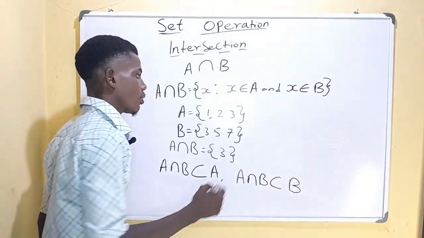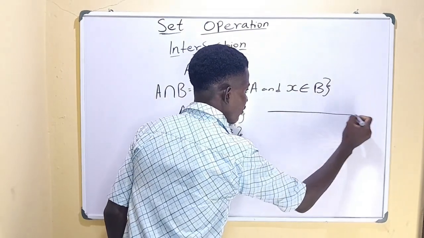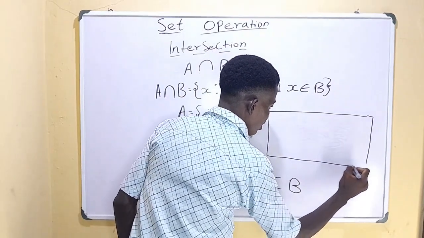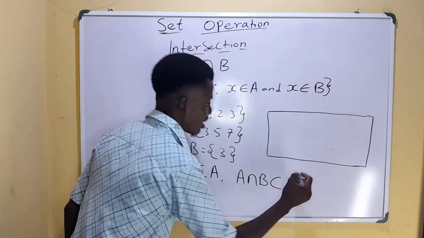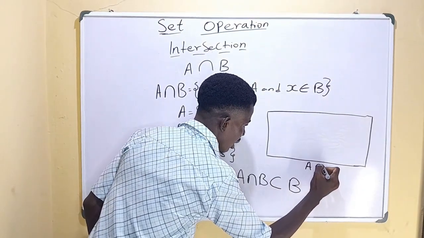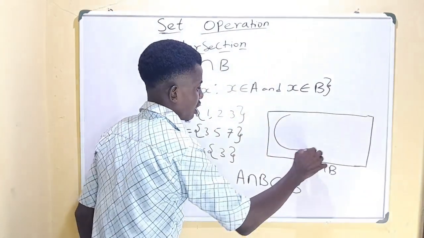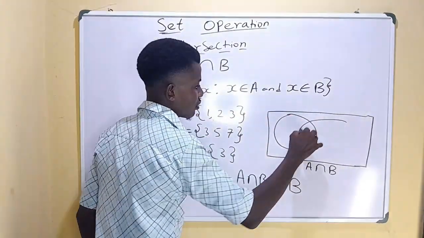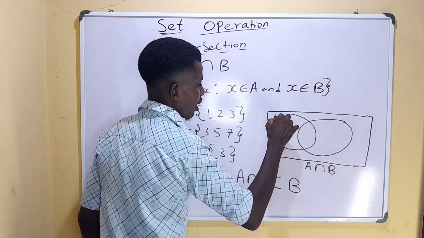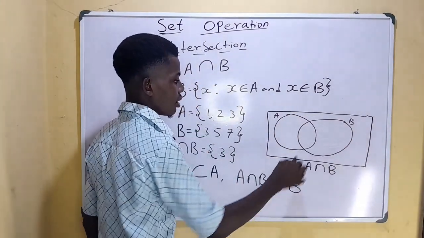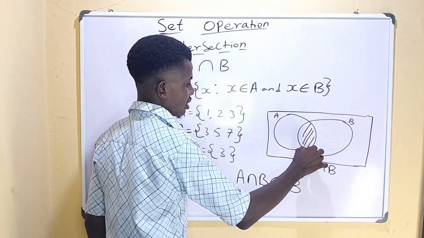Let's look at the Venn diagram. This is how to draw the Venn diagram of A intersection B, where this is our A and this is our B. The intersection is here.